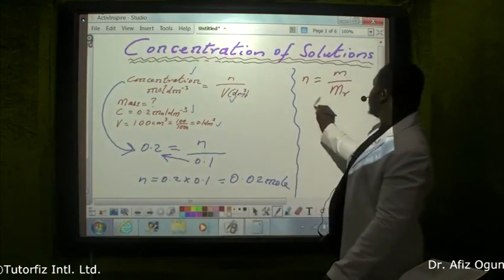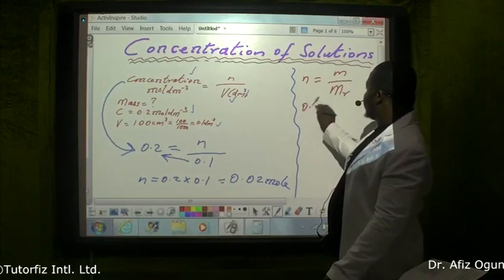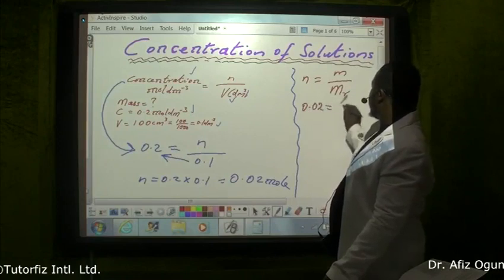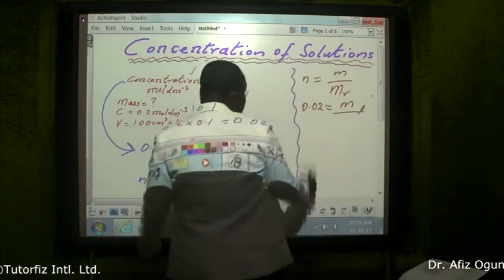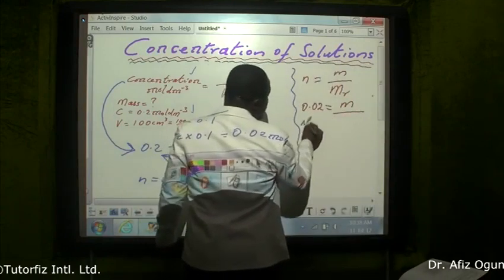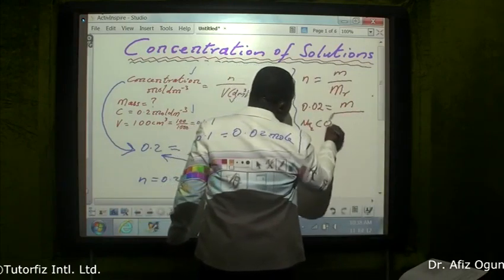Now, N is 0.02, which equals the mass that I'm looking for, and I don't know. What is the molar mass of sodium carbonate?